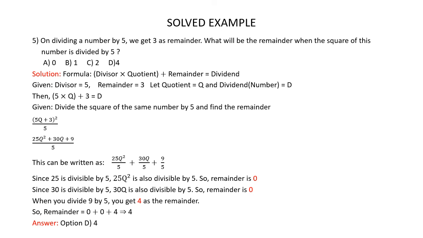So the remainder here is also 0. When you divide 9 by 5, you get 4 as the remainder. So finally, the remainder is 0 plus 0 plus 4, which is nothing but 4. So the correct answer is option D, 4.